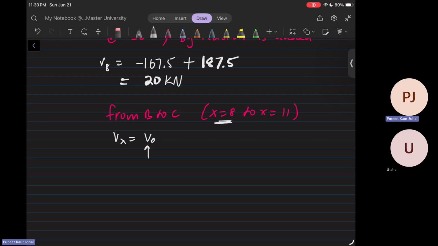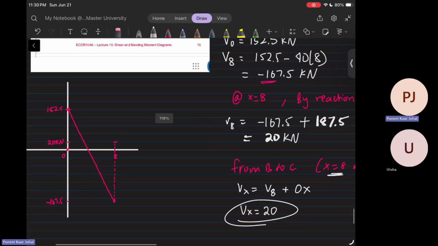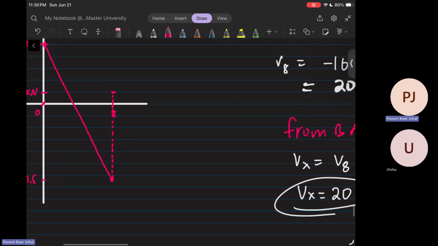I can also call it V8 actually. And then the Mx term is just 0x because there's no loading. So the equation is Vx equals V8, which we know is 20. We just figured that out. So Vx equals 20. This is what the equation is going to be from X equals 8 to 11, which means from 8 to 11 all the way, the shear force is going to be constant 20.